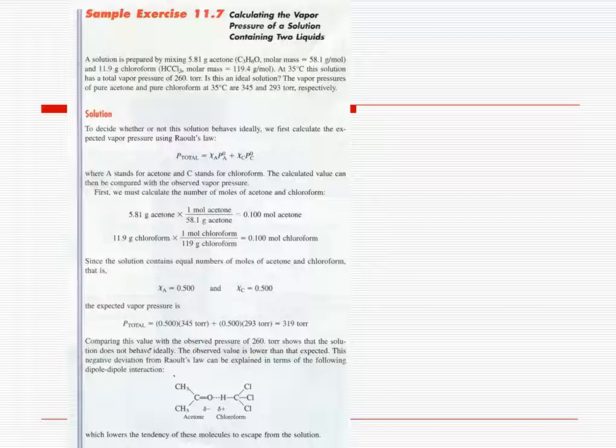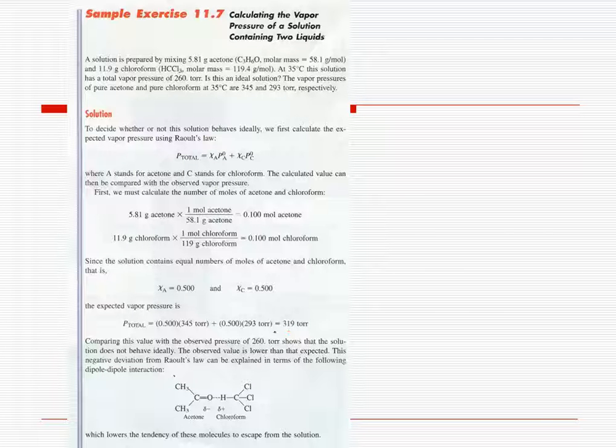And so then they're saying, comparing this value with the observed pressure of 260 torr, what that means is this is the predicted vapor pressure of the solution with Raoult's law. This is what it was observed to be in lab. So the vapor pressure in the lab was lower than the prediction with Raoult's law.